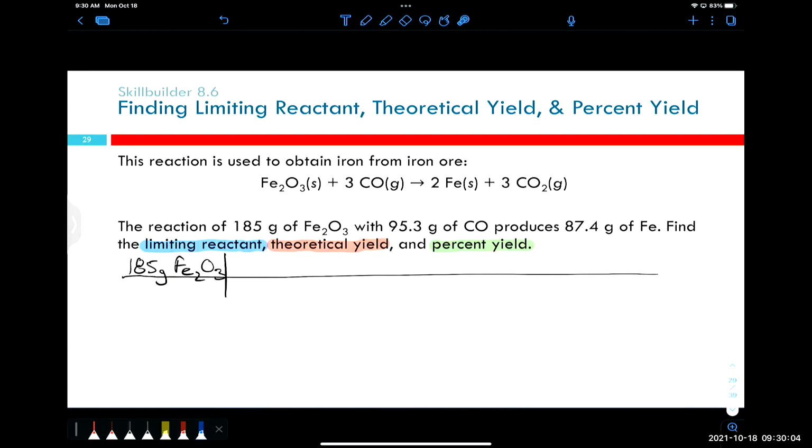We're calculating how much of the product we're going to make. Which product do we want to calculate for and why? Are we going to calculate the amount of iron we're going to produce, or the amount of carbon dioxide? Well, it's not the carbon dioxide. You could calculate for carbon dioxide, and that would tell you what your limiting reactant was, but it would only tell you your theoretical yield of carbon dioxide.